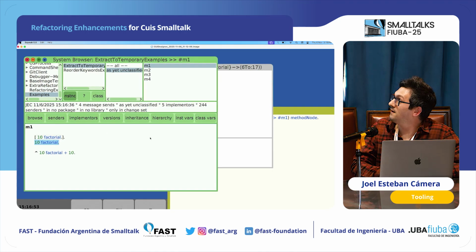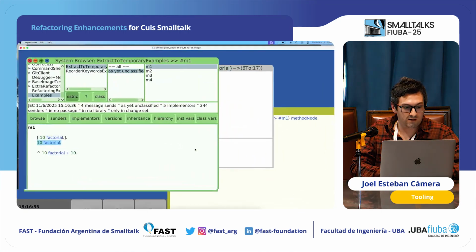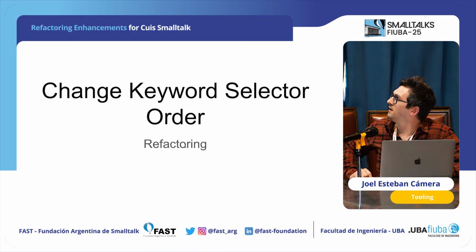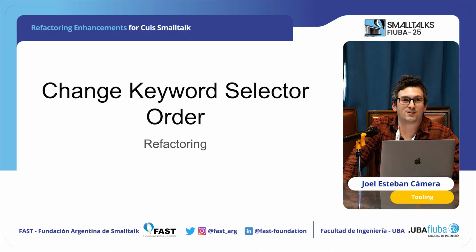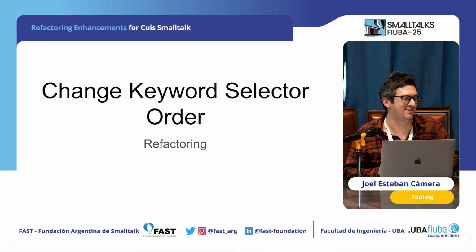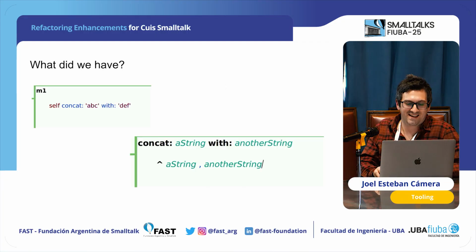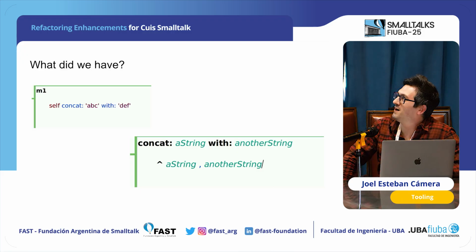And then I've been working on, well, this is the future work, change keyword selector. This has a bug, or had a bug, but at least it's not integrated up to now. It was a really funny bug. Reorder keywords. Let's see. We have this piece of code.